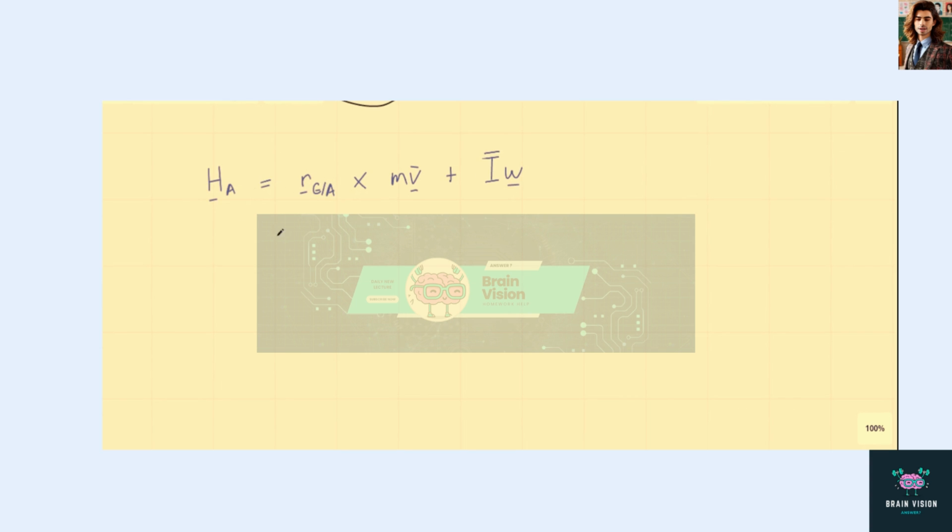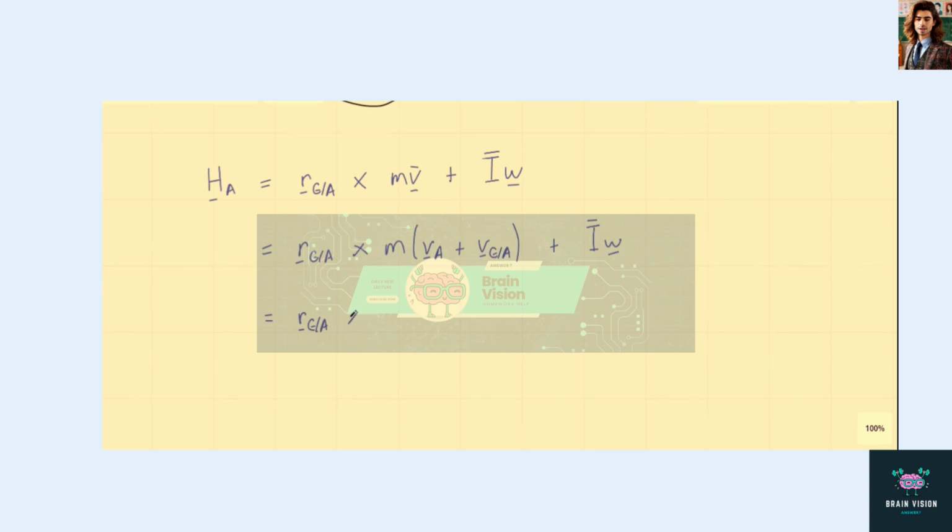So this angular momentum we can simplify using our definitions above. So this is r_GA cross with m, and remember v bar we can write as V_A plus V_GA, plus I bar omega.